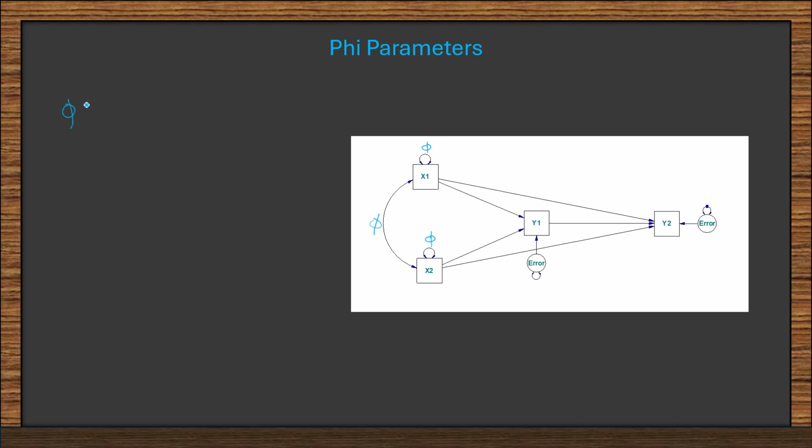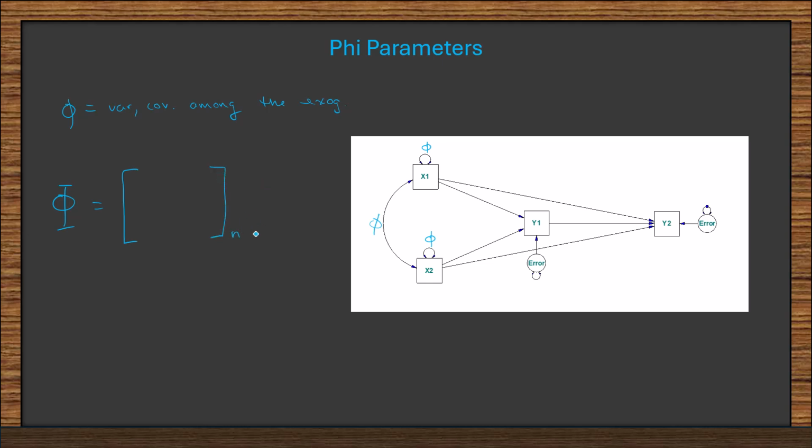So phi in this case is the variance, covariance among the exogenous variables. Okay. We can store that in a phi matrix that's going to be square and symmetric.